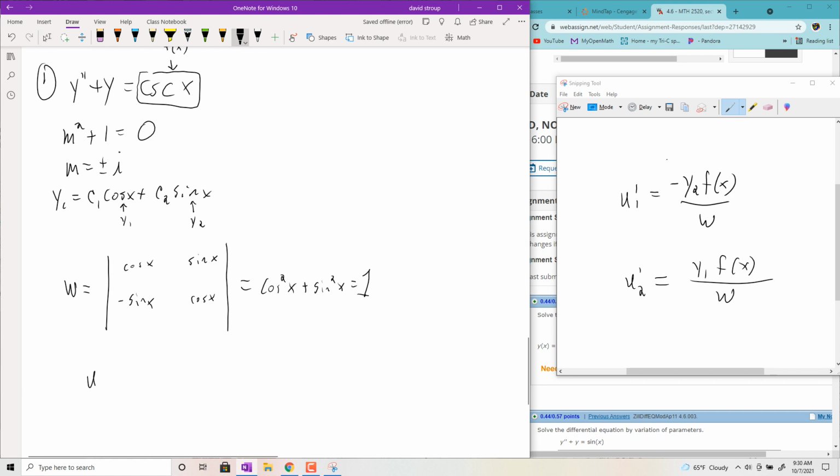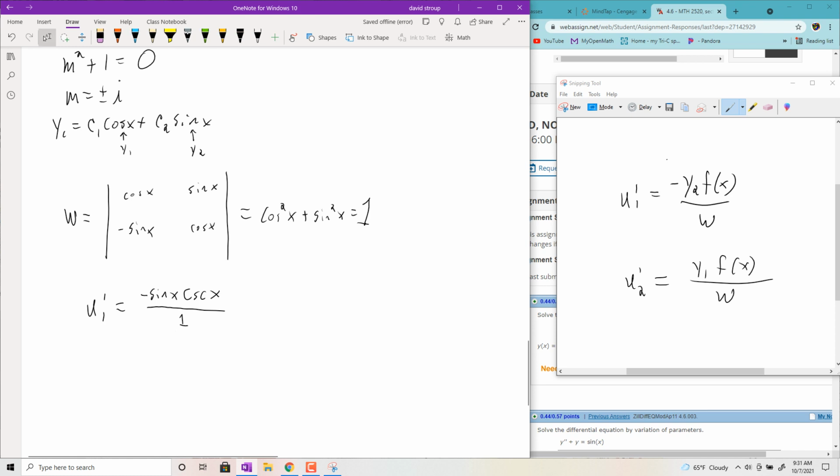So my first differential equation: u1 prime is equal to negative y2, so negative sine x, times f of x, which is cosecant x, all over the Wronskian, which is 1. Let's simplify it first before we get carried away. Cosecant is just 1 over sine, so this will just be negative 1. And so integrating both sides with respect to x, I should get u1 equals negative x.